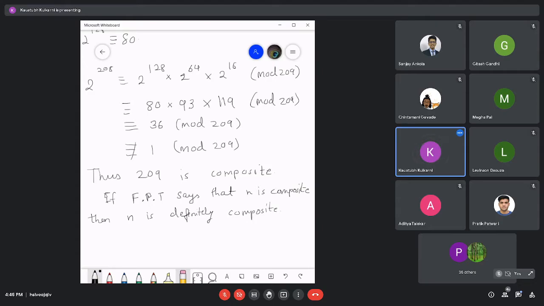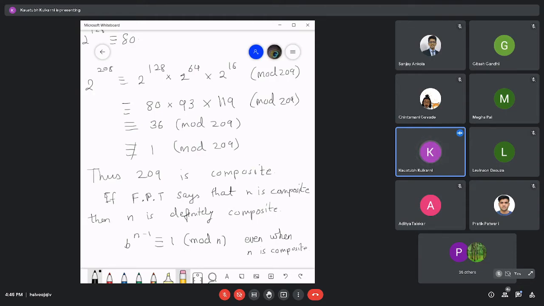However, it may be the case that b raised to n minus 1 is congruent to 1 mod n for some cases, even when n is composite.